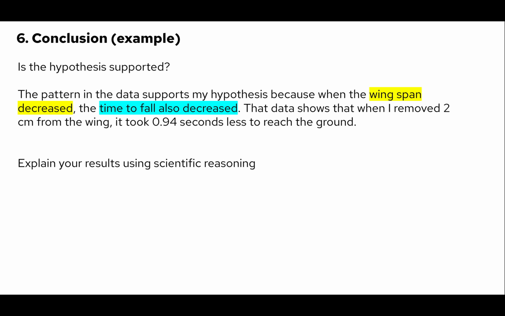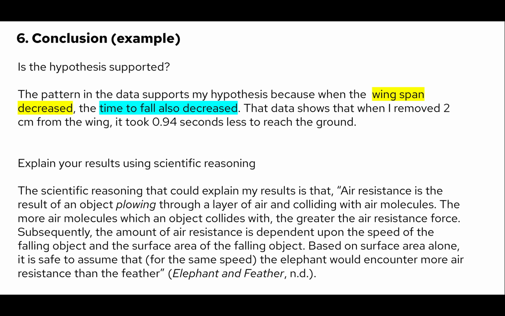Now I'm going to explain my results using scientific reasoning. The scientific reasoning that could explain my results is that, quote, air resistance is the result of an object plowing through a layer of air and colliding with air molecules. The more air molecules which an object collides with, the greater the air resistance force.